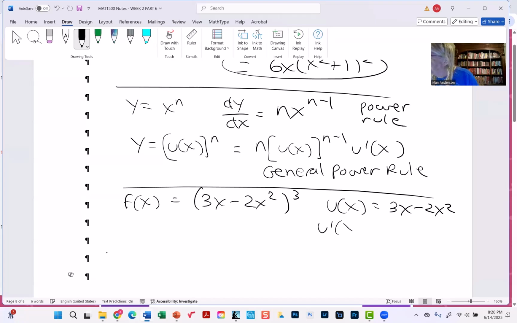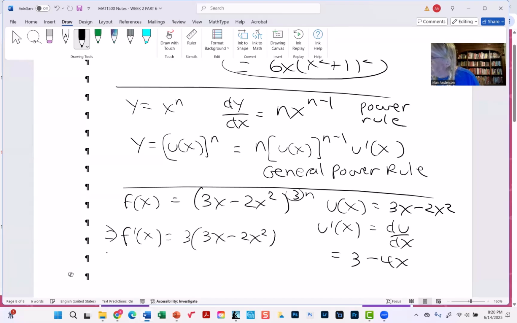And u prime of x, which is just another name for du/dx, is 3 minus 4x. So according to this rule, f prime of x will be, as you can see, n, this is n, 3x minus 2x squared to the second power times 3 minus 4x.